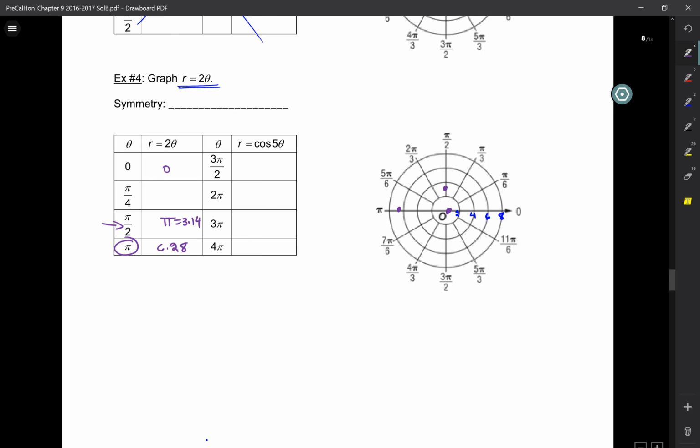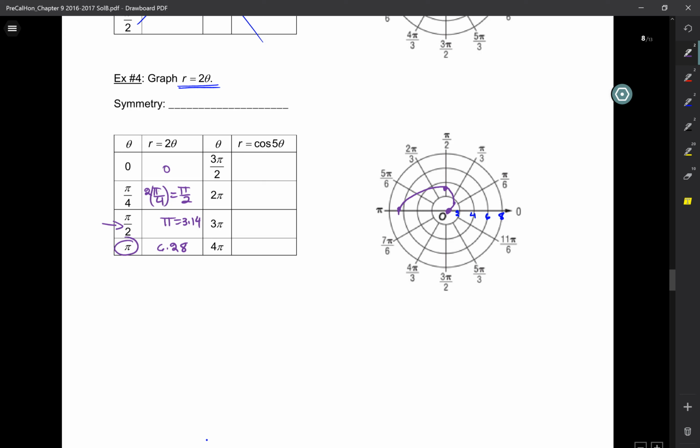When we're at pi over 4, r is pi over 2, which is how much in decimals? 1.57. So that would be 1.57 here at pi over 4. Okay? So what happens is with each one, it goes radially further and further out.